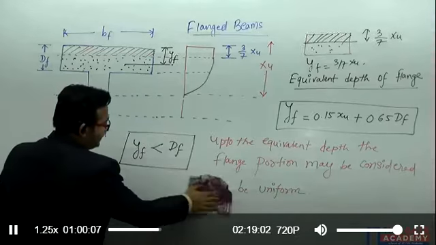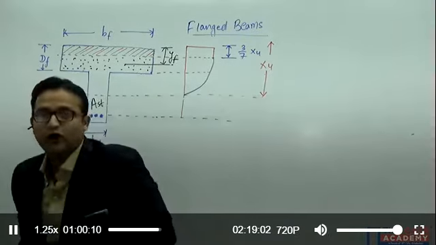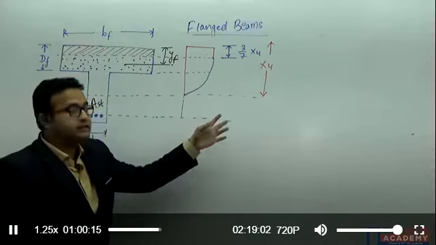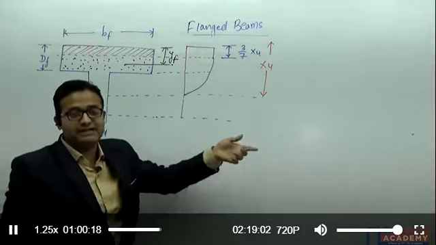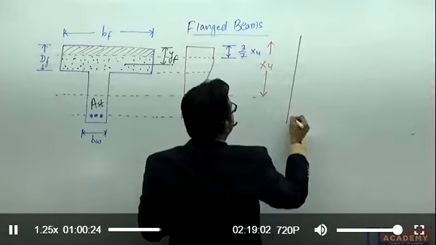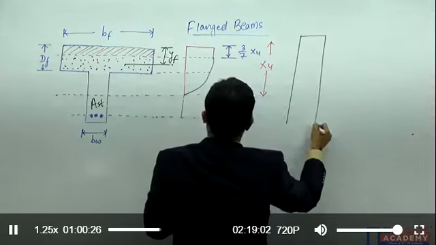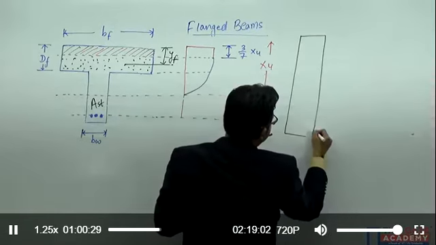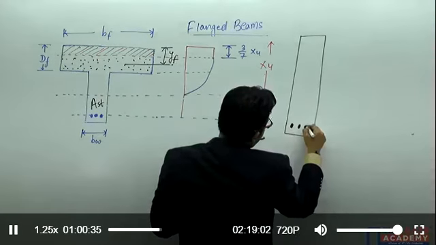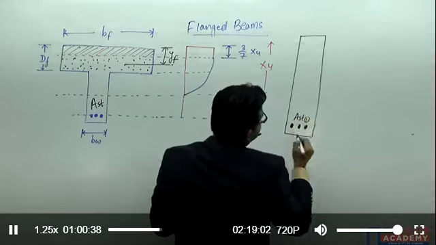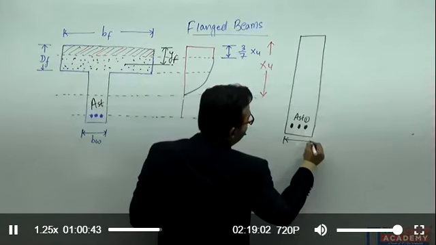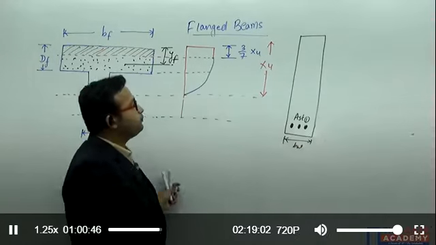Let's analyze this figure. Again I am going to divide this figure, the flanged beam, into two parts, in two figures. First is your web portion and second is your flange portion. So here I can draw, suppose here I am going to provide ST1, and of course this is the width of the beam, means the width of the web BW.